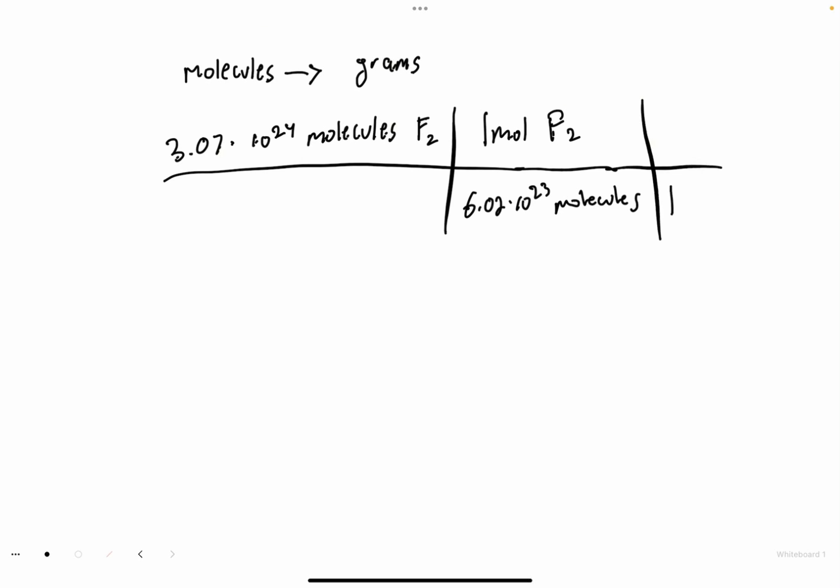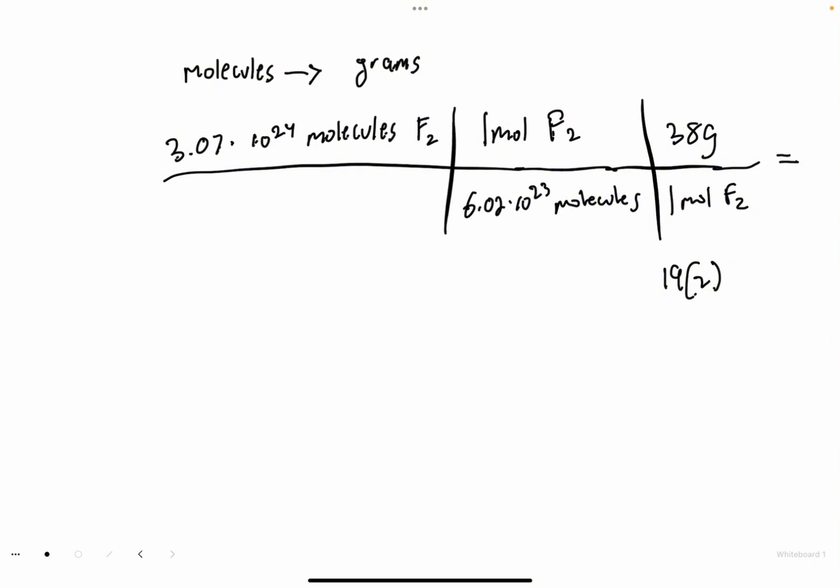So then 1 mole of fluorine is equal to 19 times 2. So that's 38 grams. And I'll just plug it into my calculator.